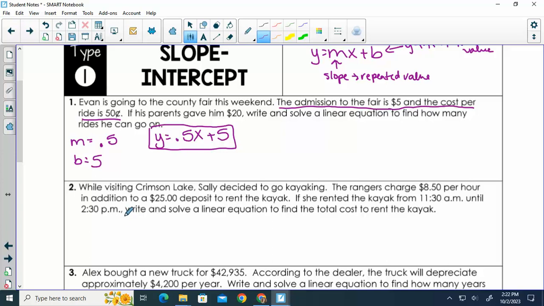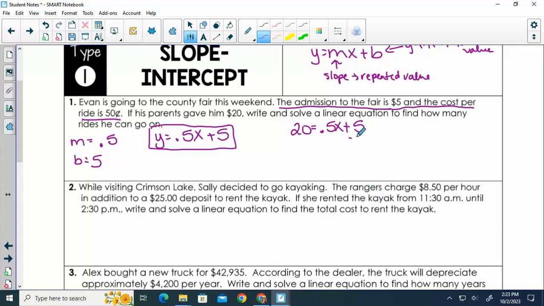Now, I'm asking you to find out how many rides he can go on. And he has how much money? $20. So in this equation, the x is my number of rides. My y is my cost. So we put the 20 in for the y. We're going to solve.